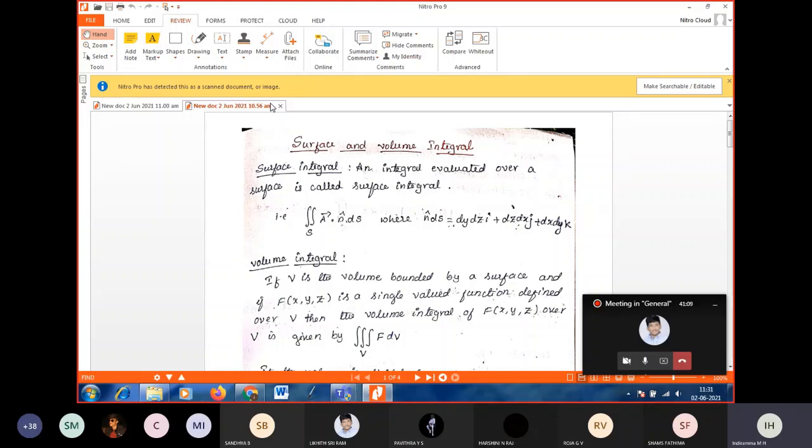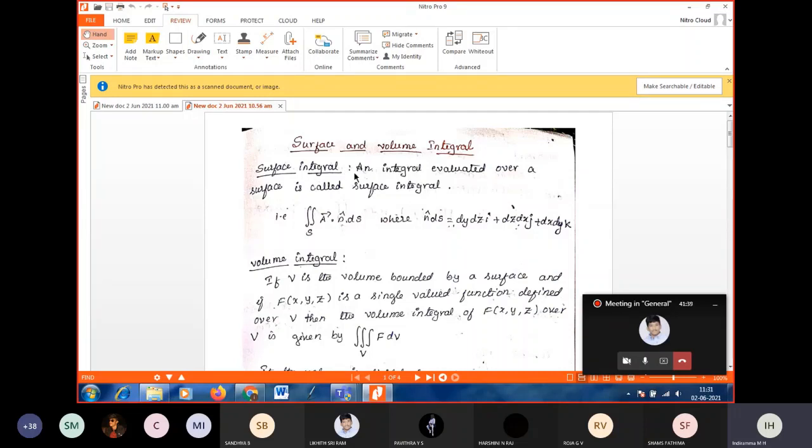Before discussing these three concepts of vector integrals, we first have to know the meaning of surface integral and volume integral, because in those three theorems we use these terms.